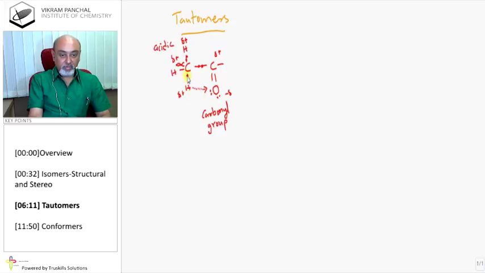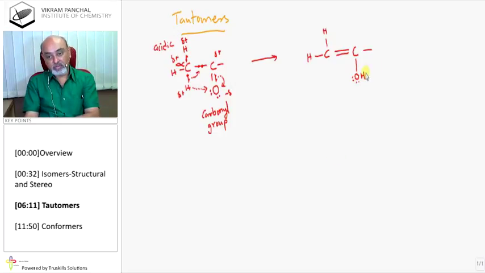So this bonding electron of CH will shift between carbon-carbon, and pi bond electron between carbon and oxygen will shift to oxygen, and therefore we will get a new molecule in which carbon and carbon will be having double bond, and because of transfer of hydrogen from alpha carbon to oxygen, OH group appear on that carbon, and oxygen has two lone pair of electrons.